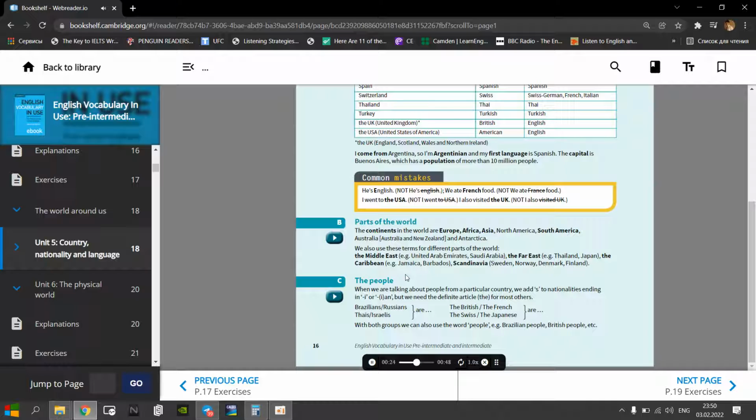The Middle East, for example, United Arab Emirates, Saudi Arabia. The Far East, for example, Thailand, Japan. The Caribbean, for example, Jamaica, Barbados. Scandinavia, Sweden, Norway, Denmark, Finland.